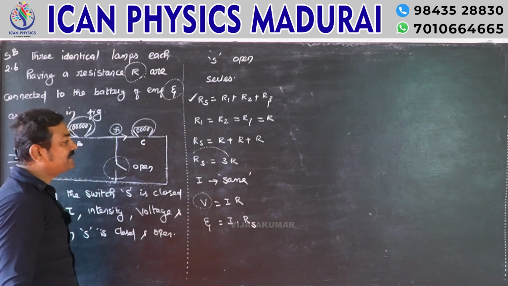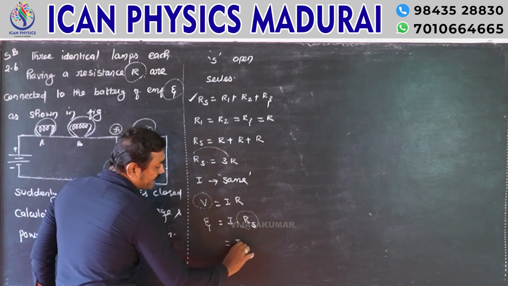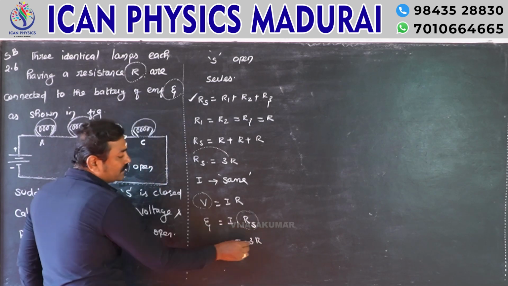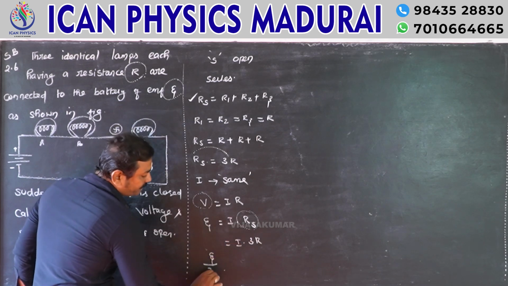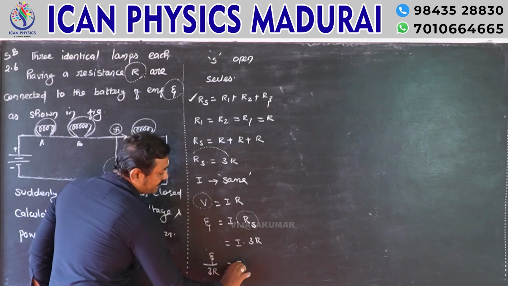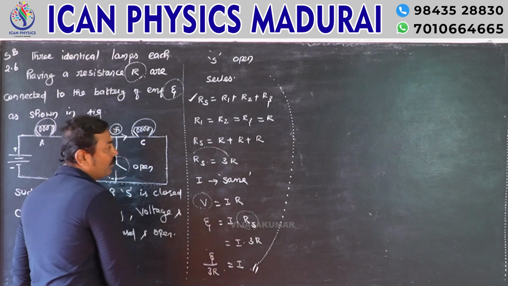The value of Rs is 3R, so we write I into 3R. The multiplication by 3R comes to this side as division. So psi by 3R equal to I. This is the current when the switch S is open.